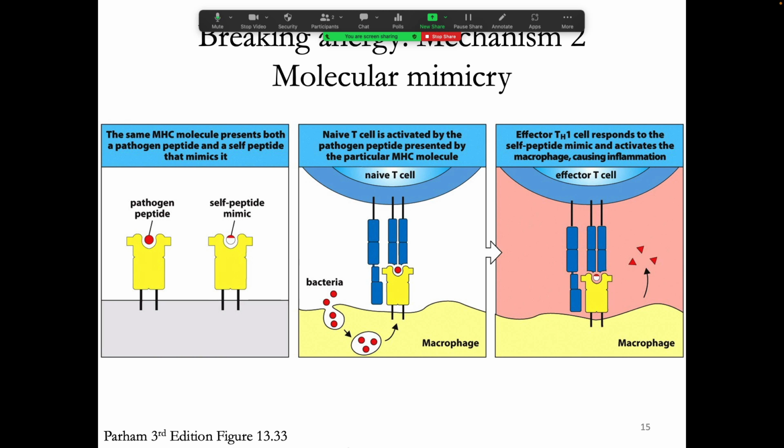And the idea of certain pathogen peptides looking similar to certain self-peptides. Again, you can imagine this is a little bit of a bad luck timing thing. If the T cell had seen the self thing first, we might have gotten tolerance. But as luck would have it, this T cell came out of the thymus on Tuesday, because remember, you make T cells throughout your life.